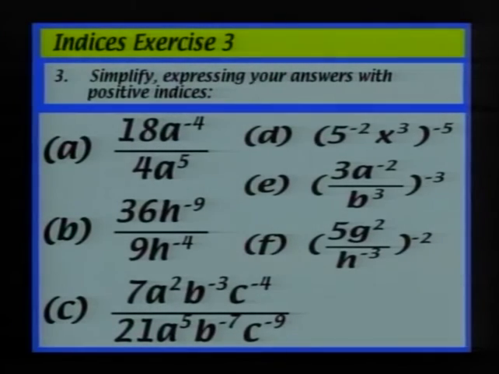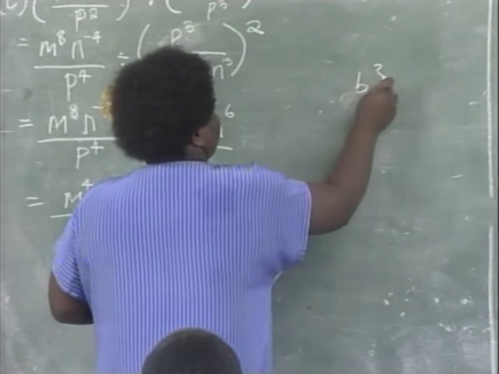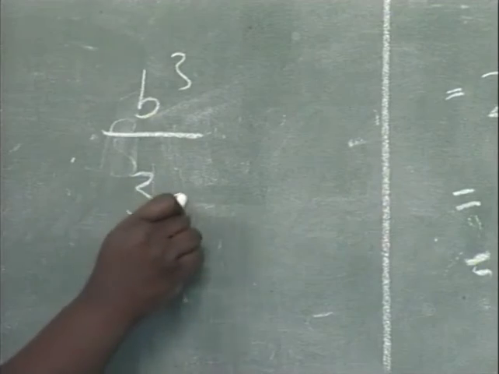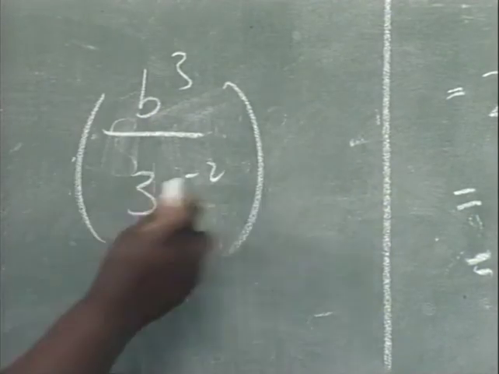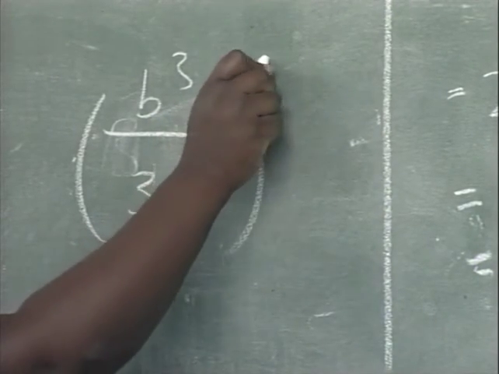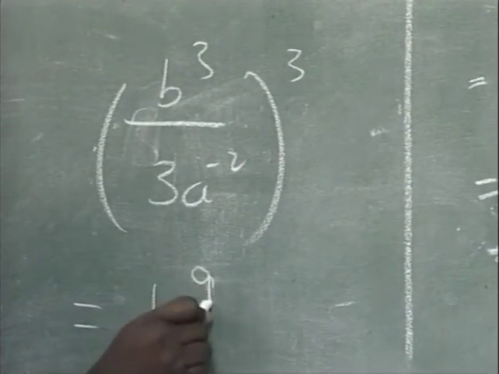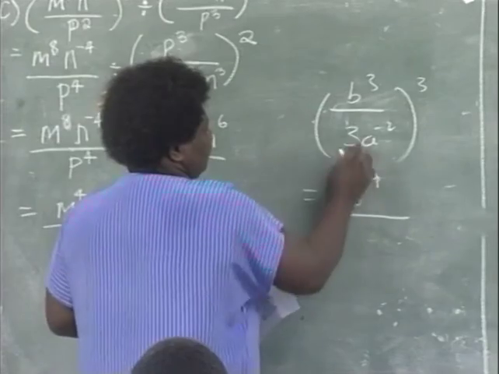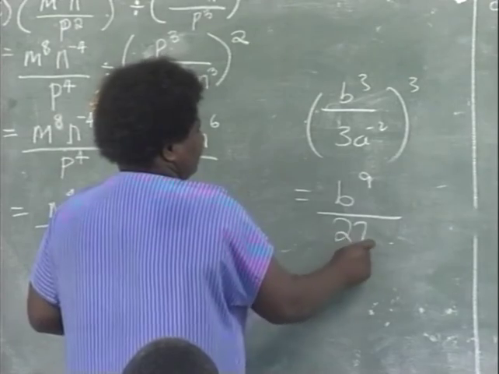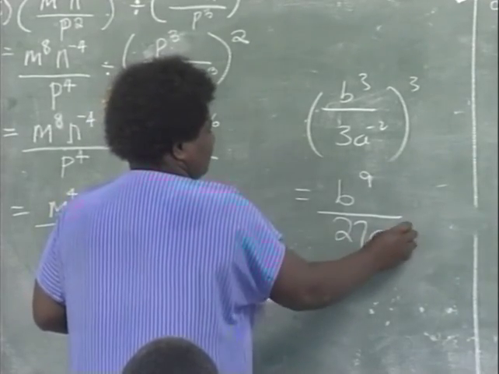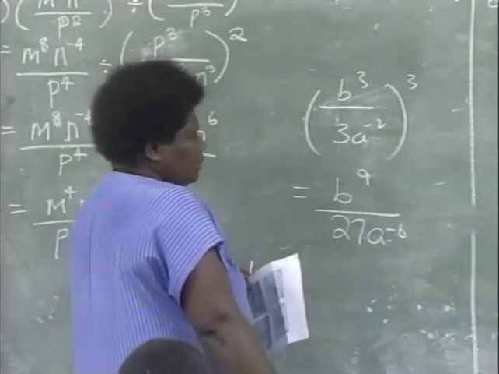So it will be the inverse: b cubed over 3a to the power of negative 2, and then I raise it to a positive power, which is 3. So it will be b to the power of 9 over 3 cubed, which is 27, and then a to the power of negative 6.